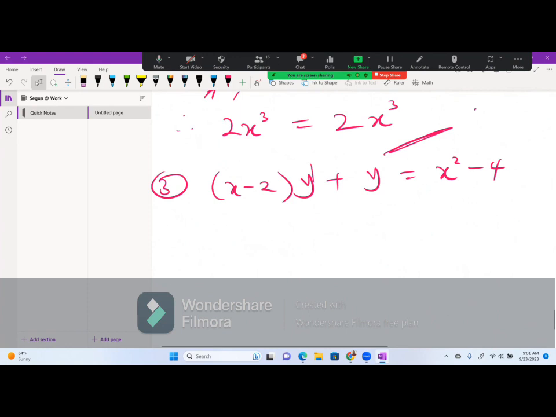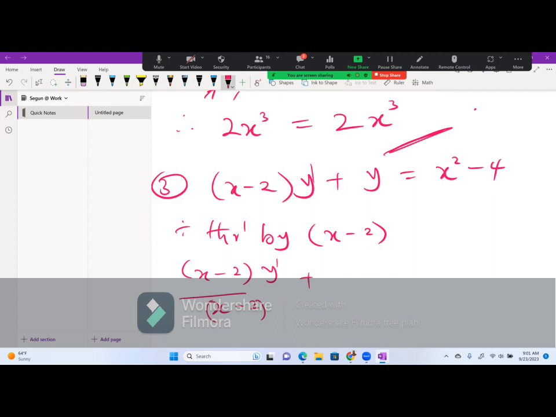So what we need to do is divide through by x minus 2. When you divide through by x minus 2, I'm going to have x minus 2 y prime over x minus 2 plus y over x minus 2 equals x squared minus 4 over x minus 2.